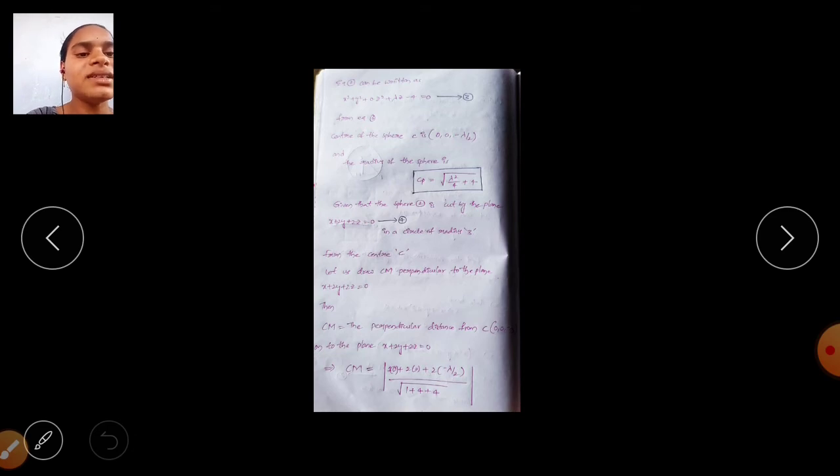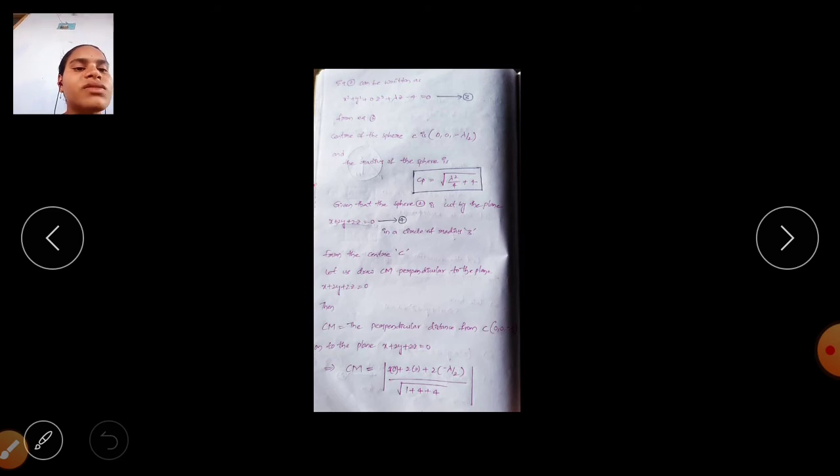And the perpendicular distance from the point to the plane, by the formula, we get CM is equals to 1 into 0 plus 2 into 0 plus 2 into minus lambda by 2 by root of 1 plus 4 plus 4, that means 1 square plus 2 square plus 2 square.